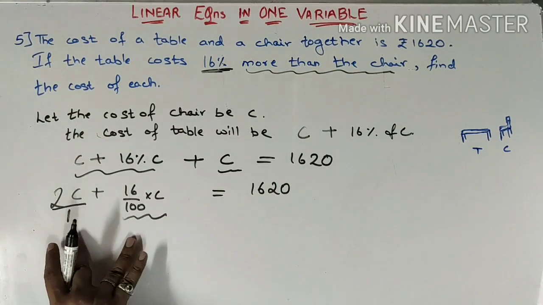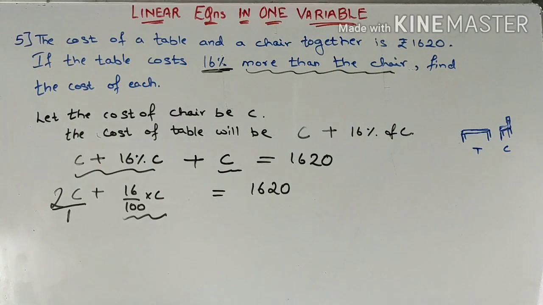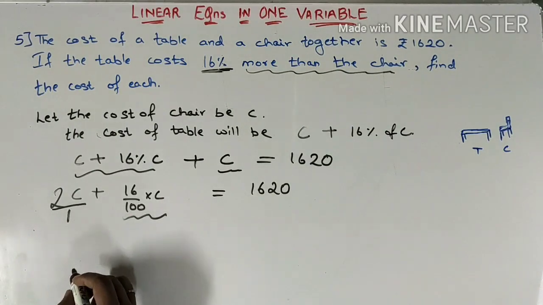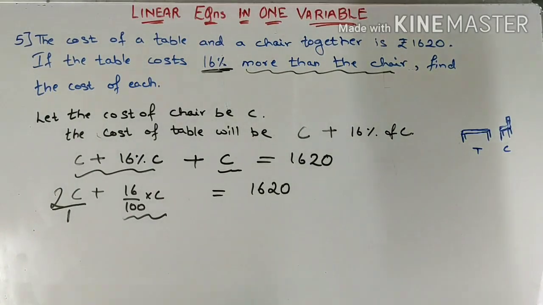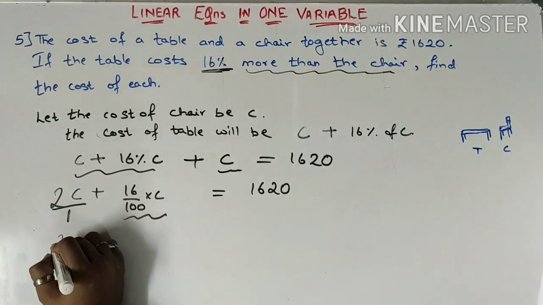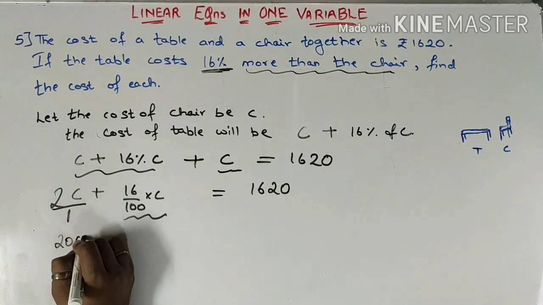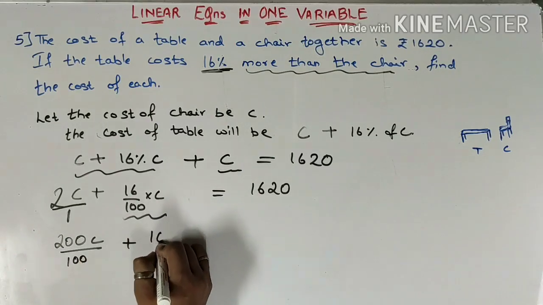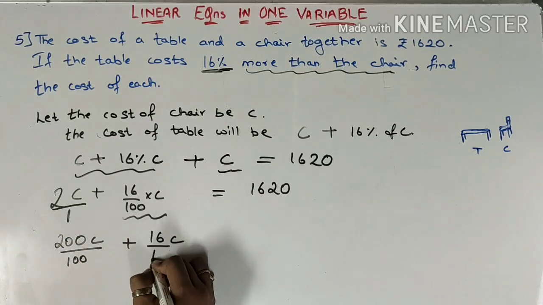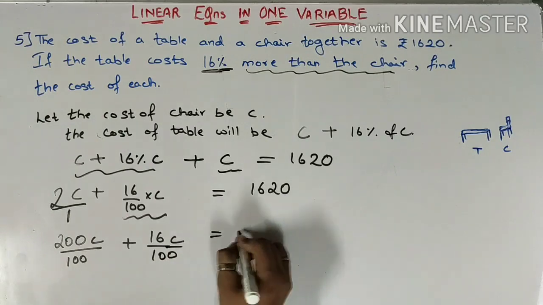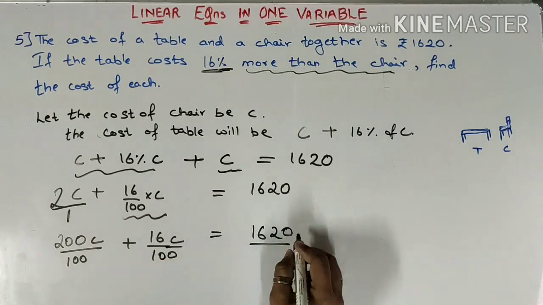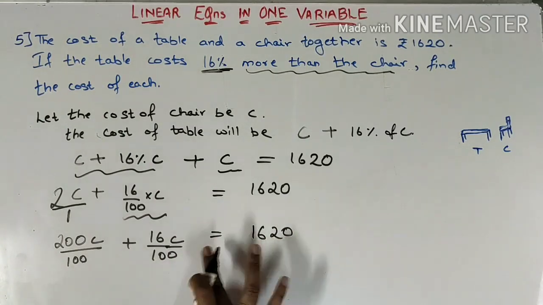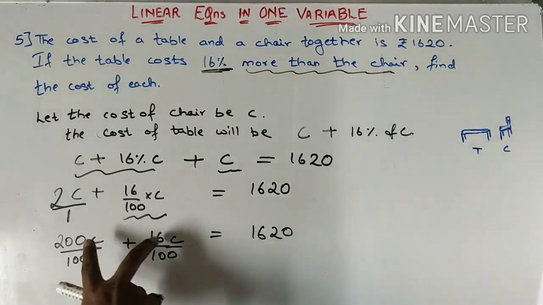So having the denominator the same means I'll have to take the LCM of it, and to make the denominator 100, I'll have to multiply this by 100. So it will give me 200C upon 100 plus 16C upon 100. Now the denominators are the same. So can I add these two?